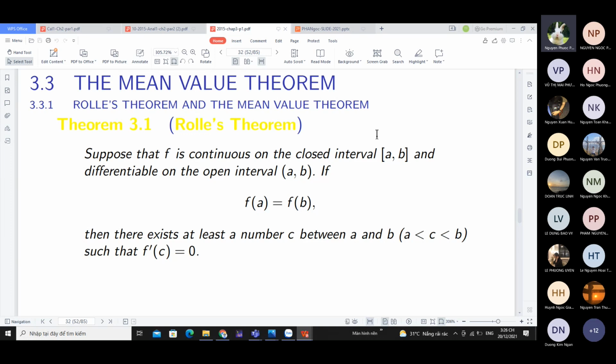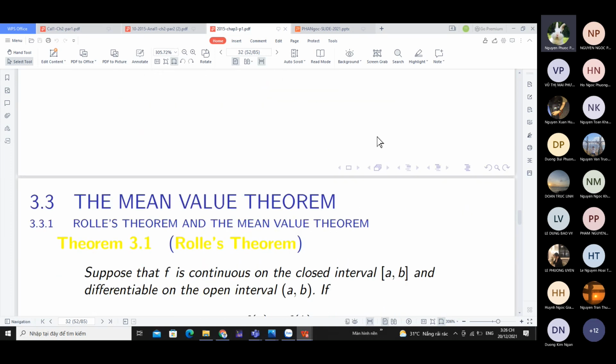F prime of C equals 0 means the tangent line to the graph of f at the point C, f of C, must be parallel to the x-axis. Something like this. Look.